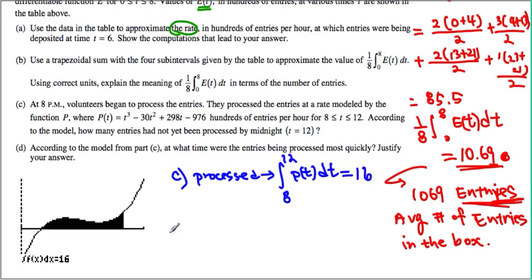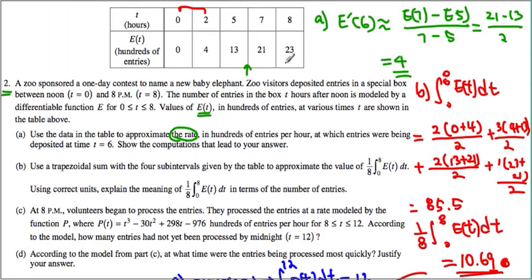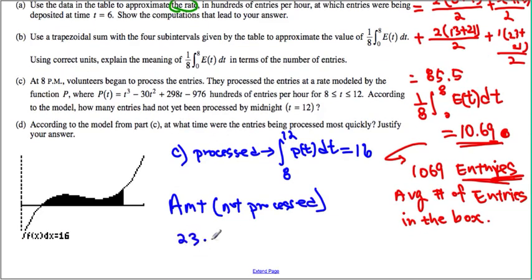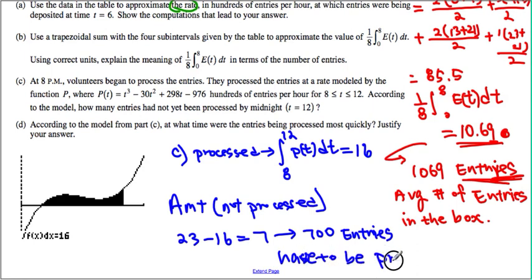That means the amount not processed is simply, we had up to 23, so 23 minus 16, which is equal to 7. This implies 700 entries have to be processed.